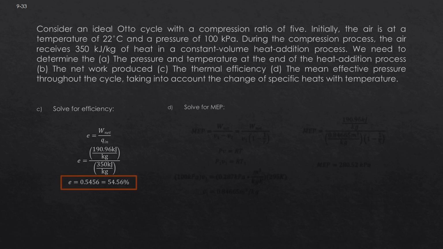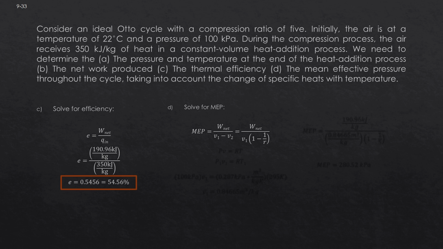Now, let's solve for the MEP, or the mean effective pressure. For the mean effective pressure, we have the equation MEP equals the net work over V sub 1 minus V sub 2, which is also equal to the net work over V sub 1 times 1 minus 1 over the compression ratio.